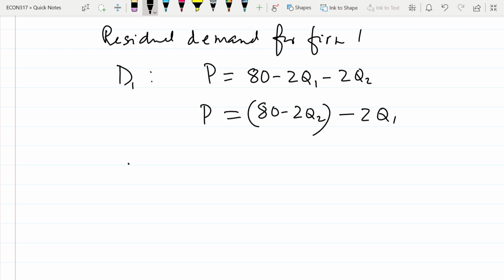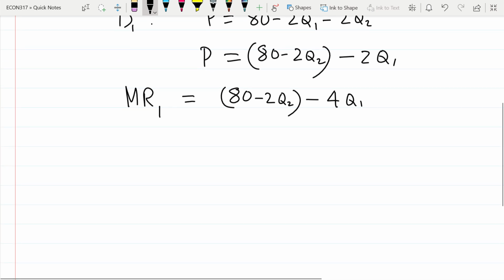And so I will now be able to write down the marginal revenue as the same vertical intercept 80 minus 2Q2, twice the slope, so negative 2Q1 becomes negative 4Q1. That's the marginal revenue for firm 1.